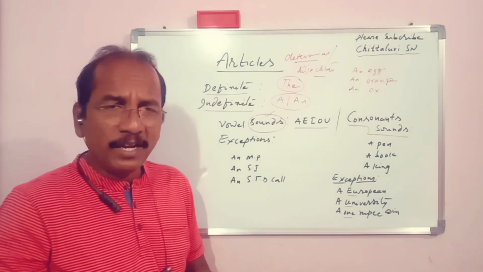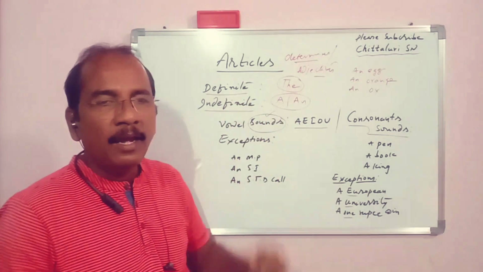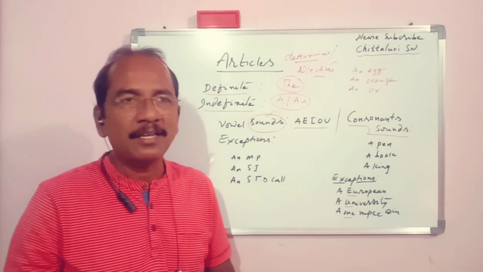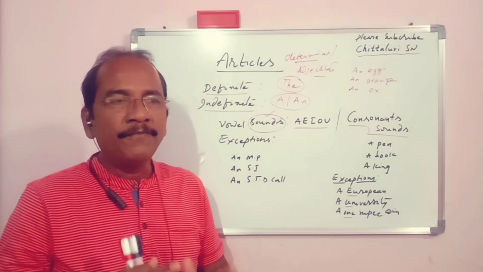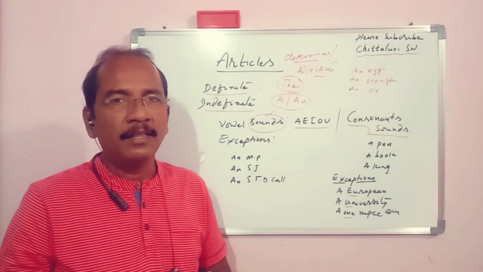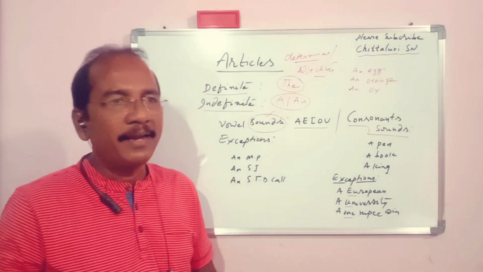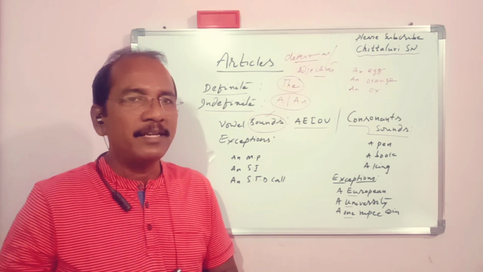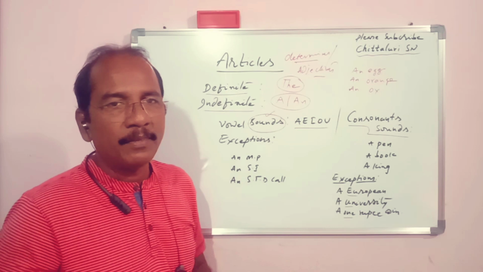Why do we call the a definite article? In the very title itself, it has its own meaning. Definite means it defines a particular person or thing. The article which defines a particular person or thing is called the definite article.